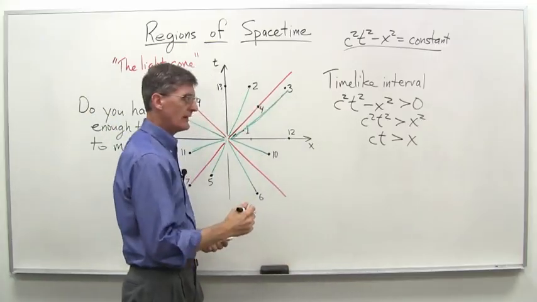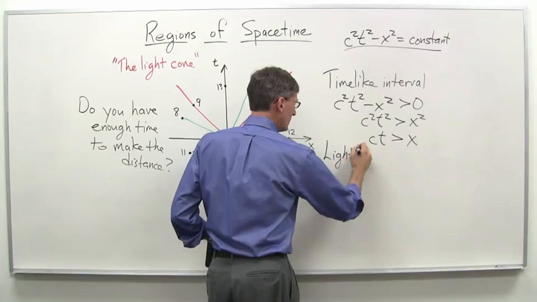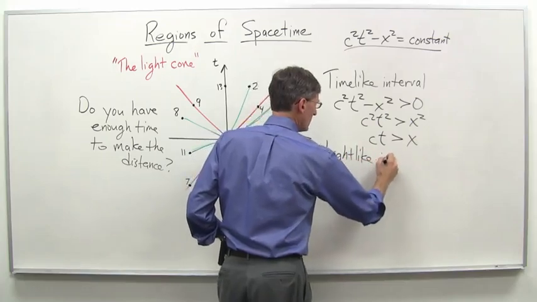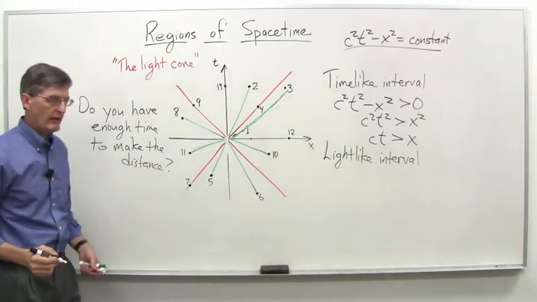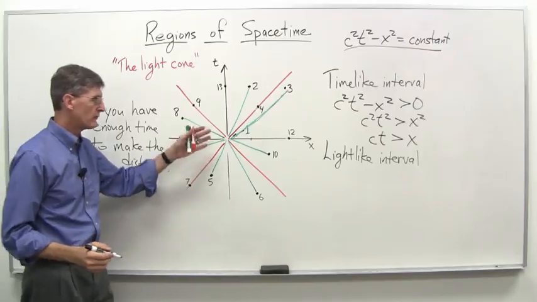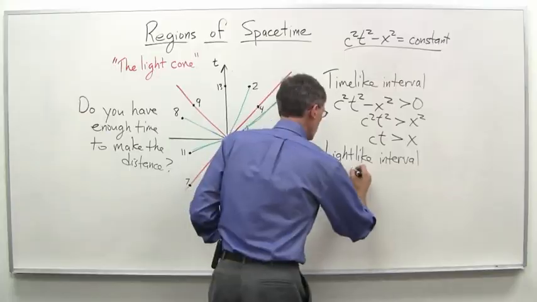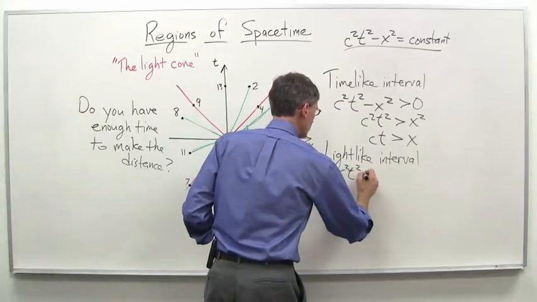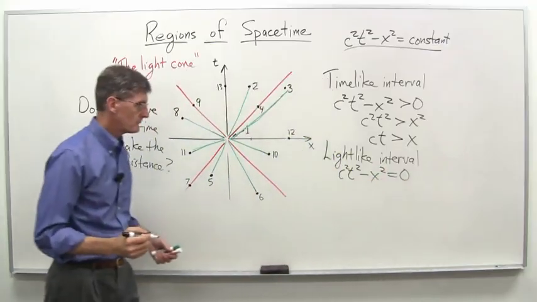And the next one is actually called a light-like interval. As you might guess, just from the name, this is when you do have things going at the speed of light. In that case, you have the invariant interval c squared t squared minus x squared equals 0.